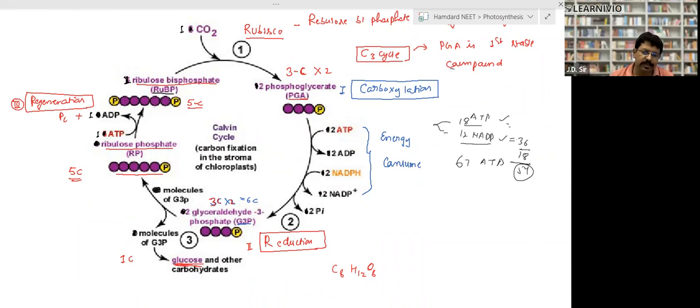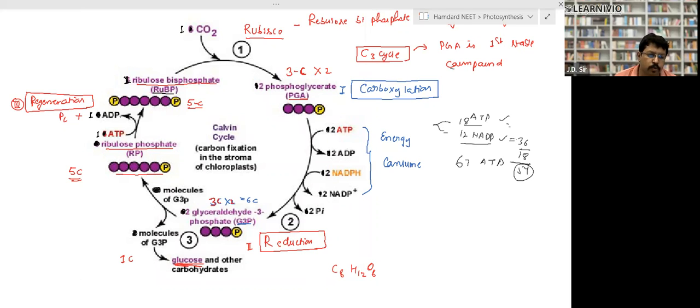Now out of these 6, when 5 carbon remains, the generation of a product takes place, that is called ribulose phosphate. So formation of ribulose phosphate, that is a 5-carbon compound. Out of these 6 carbon, 1 carbon has been donated for the formation of glucose, right? Then from ribulose phosphate, again 1 ATP expenditure takes place.